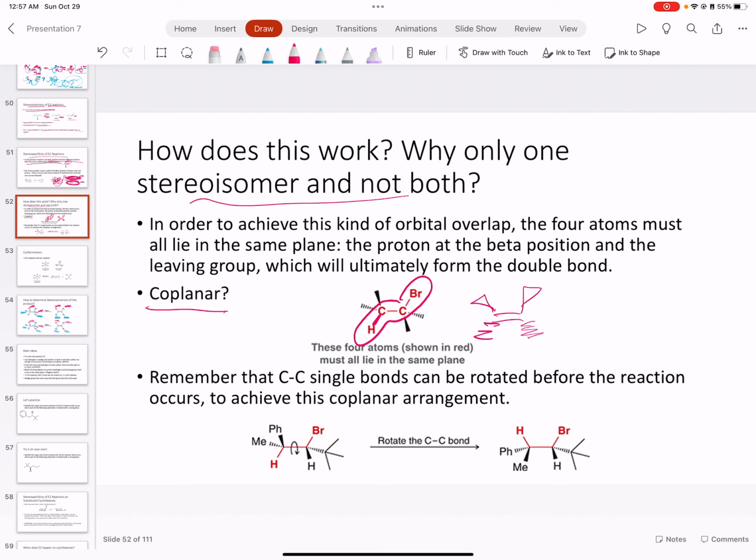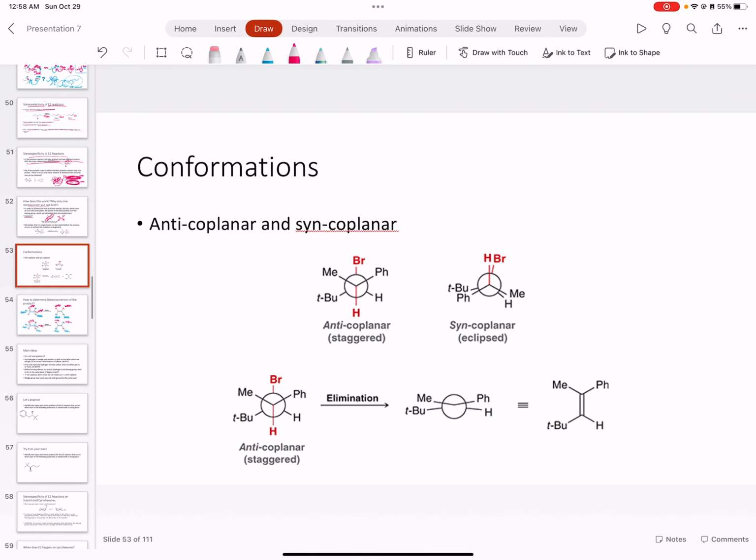Technically you'll be like, oh, if we all have wedges and dashes, then wouldn't it be the same? No, because then you do priority groups, and when you do priority groups, you technically cannot predict, because you're going to have different things connected to it, so you cannot predict whether it's going to be cis or trans. So conformations: anticoplanar and syncoplanar.